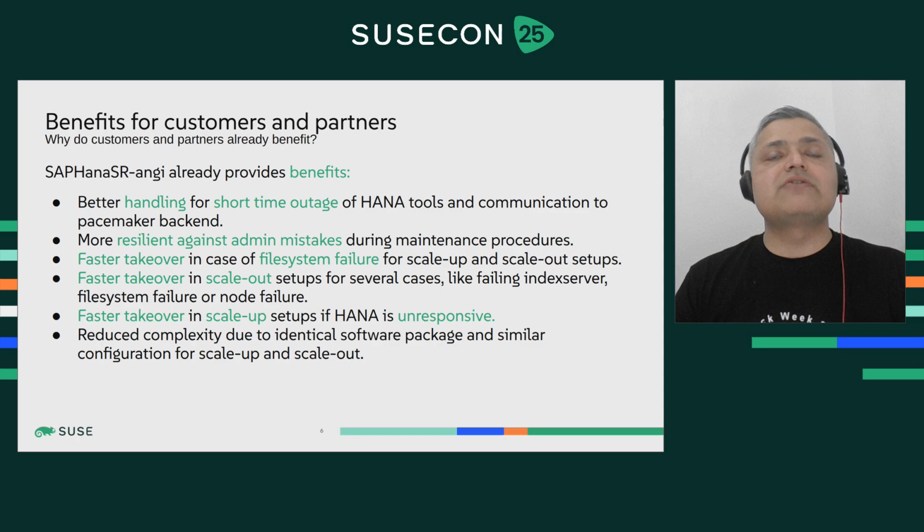If this resource is not in maintenance, and if somebody is trying to do a takeover on the secondary node, or the SR takeover, system replication takeover, that is not allowed. So this new package is resilient. That was just an example, but in different scenarios during the maintenance procedures.